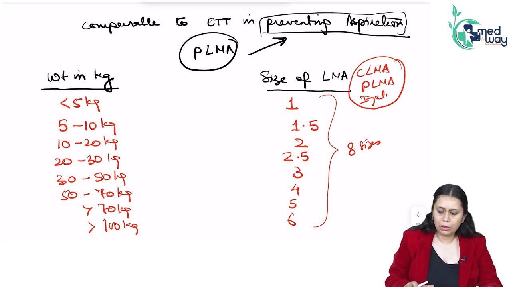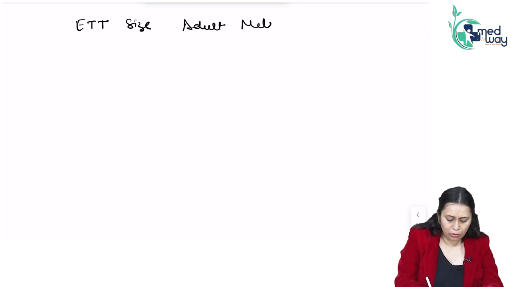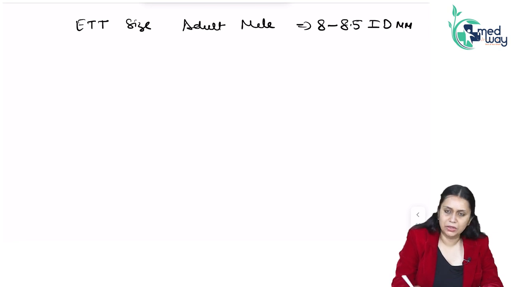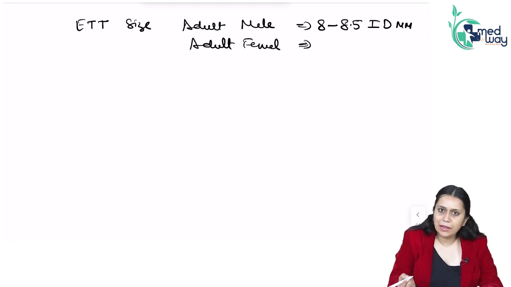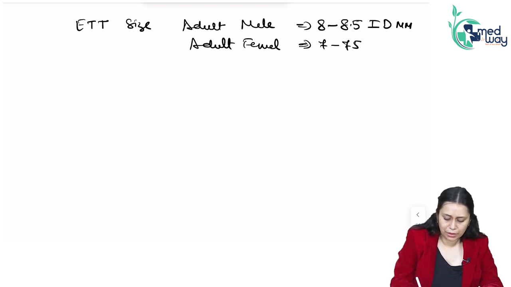We all know the ET tube size is decided according to age. For endotracheal tube size, in adult male, we go for 8 to 8.5 internal diameter in millimeter. For adult female, we go for 7 to 7.5 internal diameter in mm.